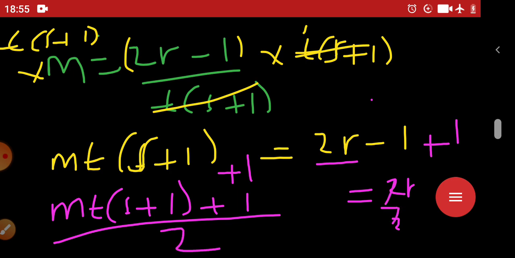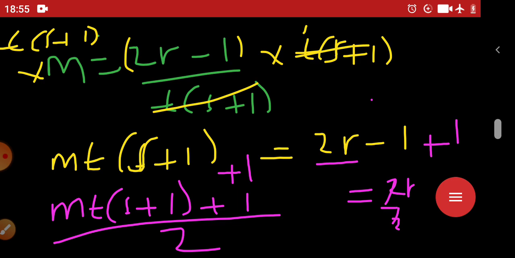This looks very complicated, but it doesn't matter as long as you have made R the subject of the formula, because the problem requires us to make R the subject. Whether the other side of R is a very complicated expression, as long as you have used the correct methods, this is the answer.